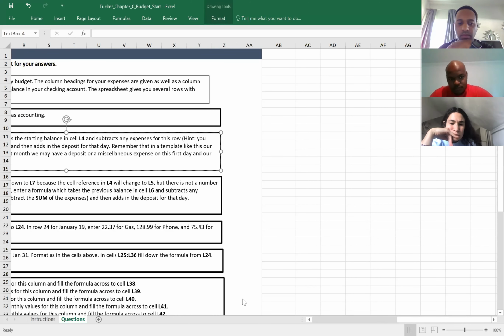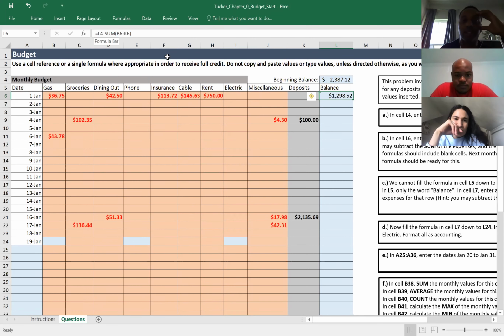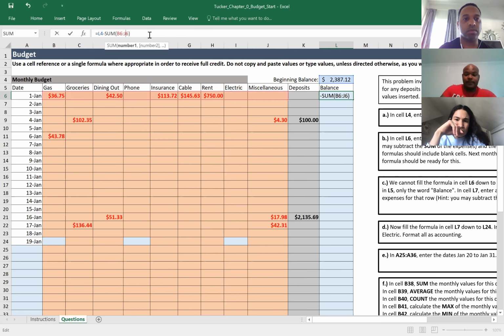You look up here, L4 is our beginning balance. In front of L4, I put that equal sign. Whenever you're going to do a calculation or formula, you need to put the equal sign. So I did L4 minus. To do your subtraction, you always use your minus sign, then the sum. And that was B6 to K6. Probably should have done J6, not K6. There should be the same value, but K6 are your deposits. So it would be B6 to J6.